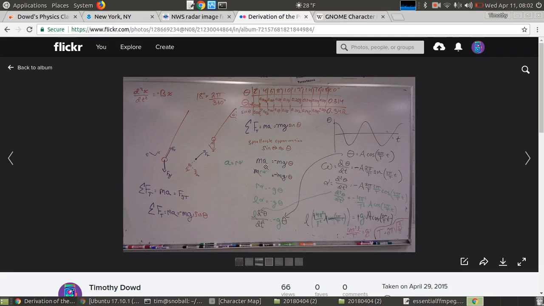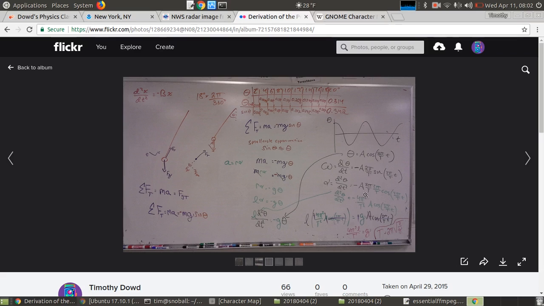Notice I've also subbed in, instead of a, I've replaced it with r alpha. We know that's the conversion between a and alpha, as long as there's no slipping. So I get the equation r alpha equals minus g theta. And that looks a lot like what we expect for simple harmonic motion. So if there's theta, I take the first derivative to get omega.